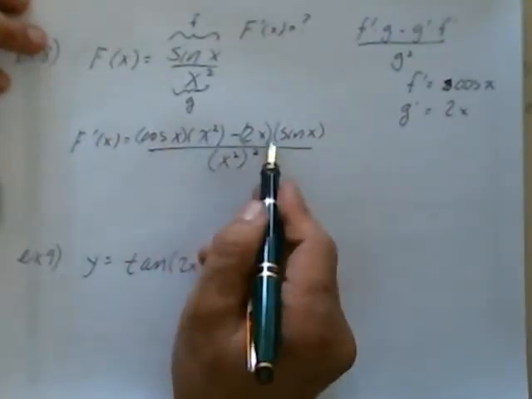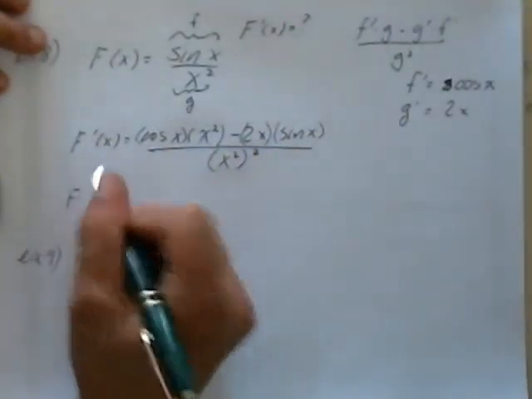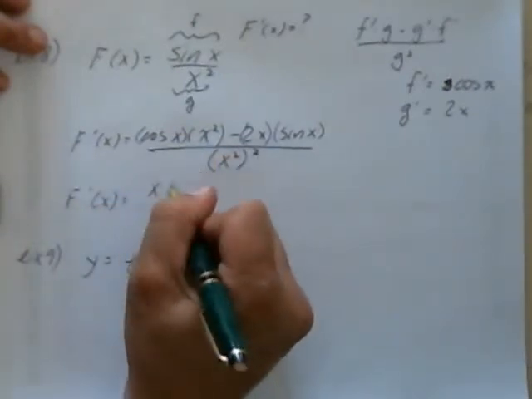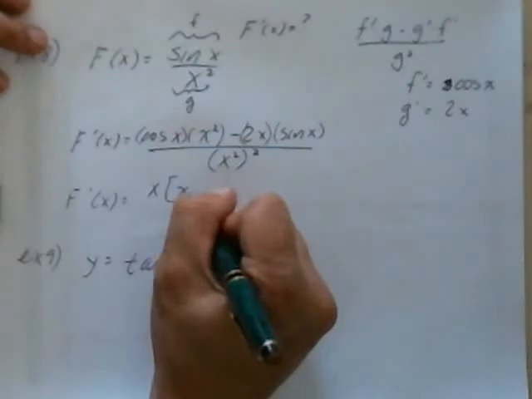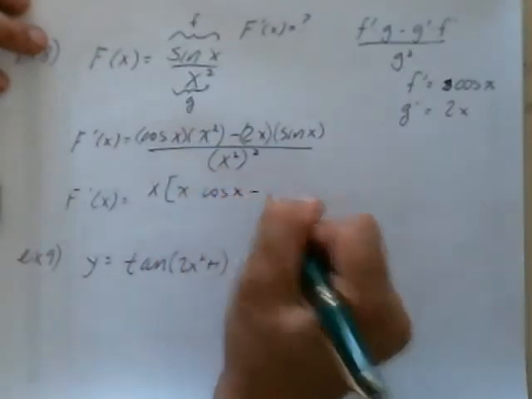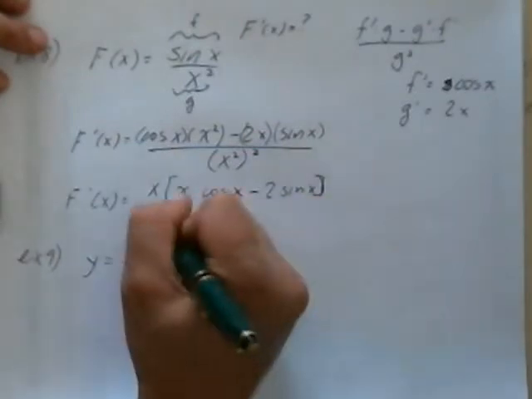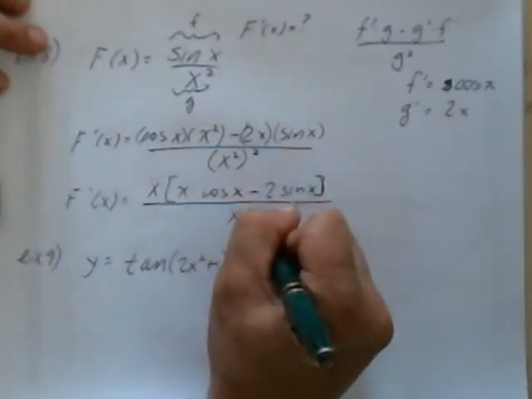I'm going to clean that up a little bit. I'm going to take out an x on the two terms. f prime of x is equal to, factor out an x, you get x times cosine of x minus 2 sine of x all over x to the 4th.